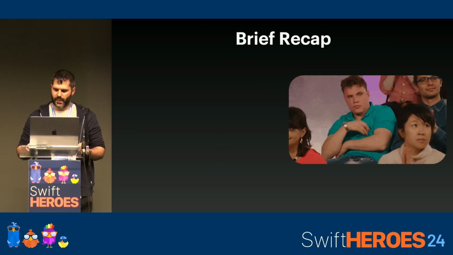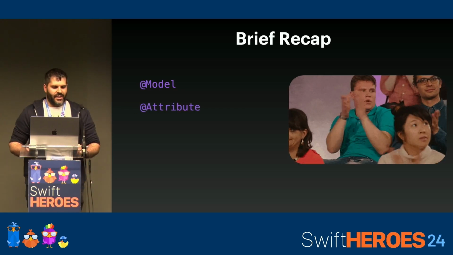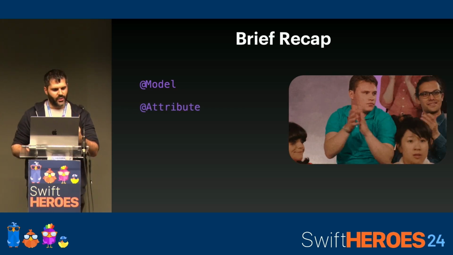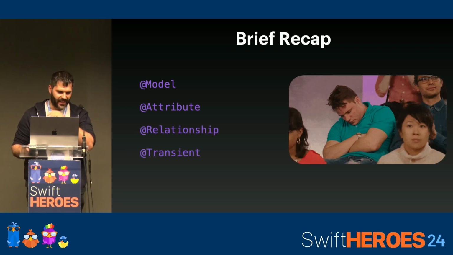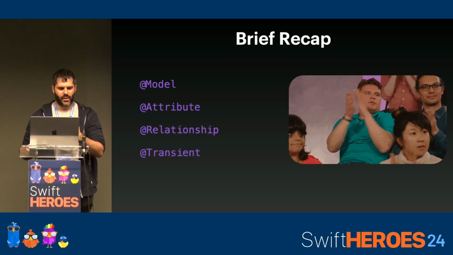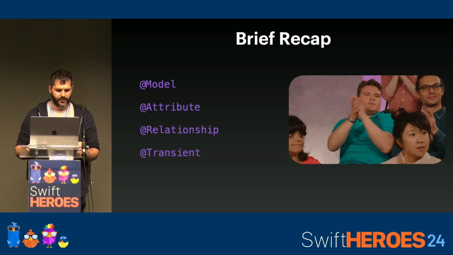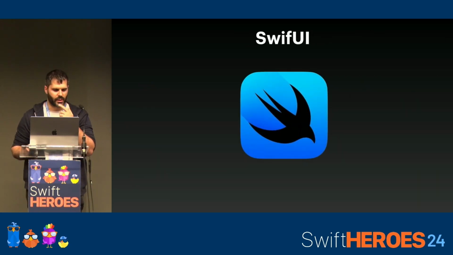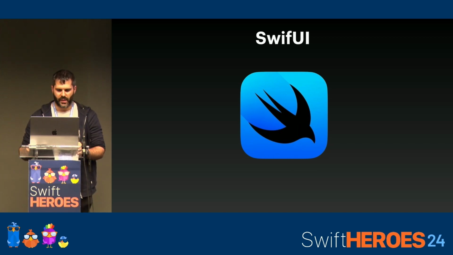Okay, we can have just a brief recap. To take a deep breath, we talk about model, we talk about attribute, relationship, and transient. We can now move on to the second part of our presentation, and we can talk about the relationship between SwiftData and SwiftUI.